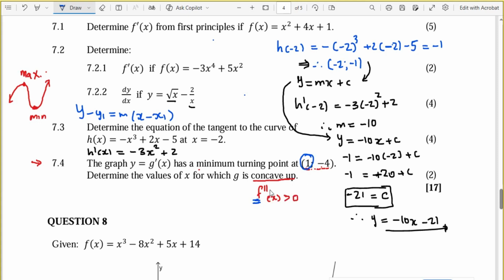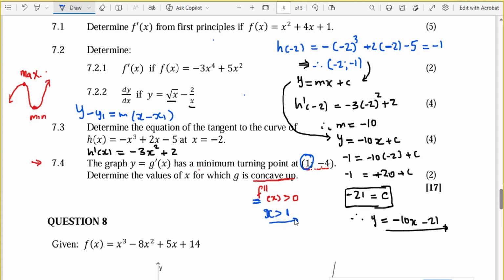The point of inflection is where the graph changes concavity. So when they say it has the minimum turning point at that point, and they ask for which values of x the graph is concave up, you need to take the x value, which is 1. So x must be greater than 1.